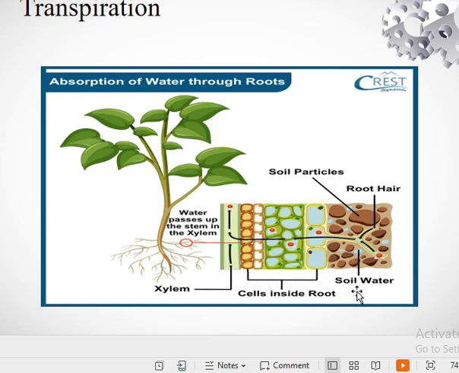Root hairs absorb soil water and minerals and move them inside the roots toward the xylem, and then xylem receives them and passes them from roots to leaves, fruits, flowers and stem, etc.